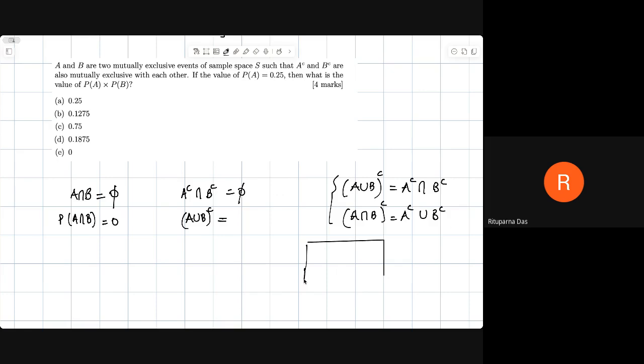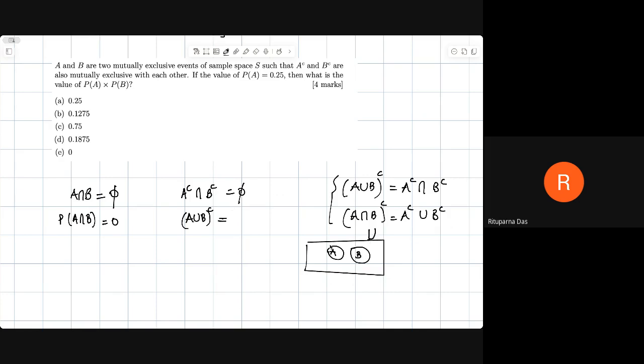Yeah, so this is the universal set. Sorry about the shape. This is the universal set, and this is A and this is B. We have been given that they are disjoint. Mutually exclusive means disjoint.